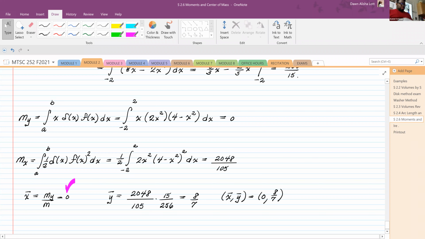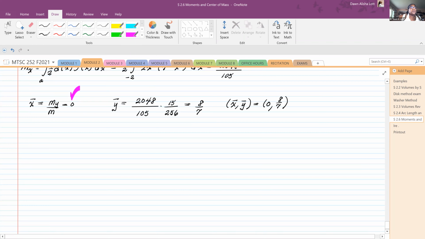My has an x, Mx has a y. But we have to remember that the y we took was the average value. So that's why Mx turns out to be 1/2 f of x squared. Yes. Oh, okay.